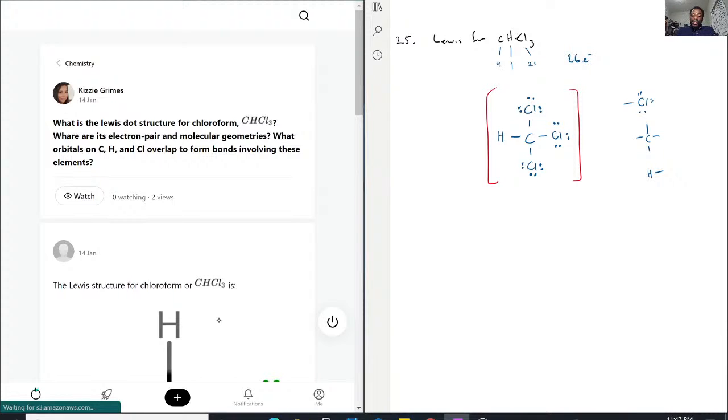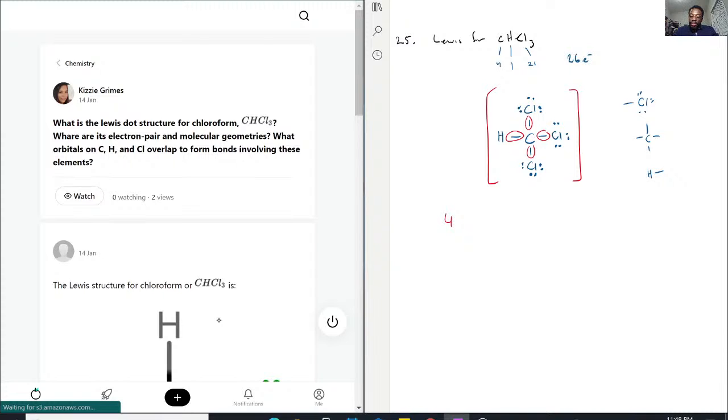Now it's asking what are the electron pair and molecular geometries. To find the electron pair geometry, we have to find the zones, the things that the carbon is bonded to. Right now what I count is just 4 bonds and no lone pairs.